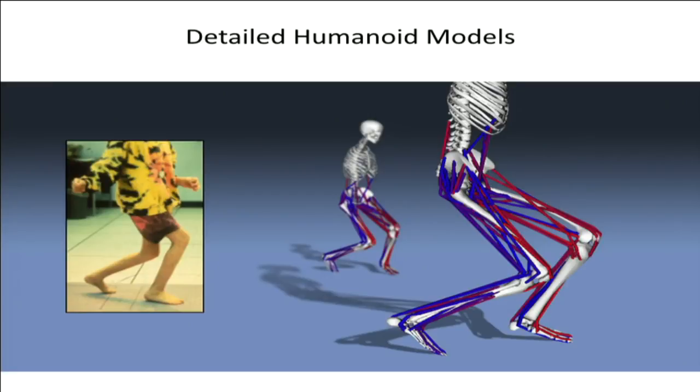One of the possible applications for this is if you wanted to study human movement, say for cerebral palsy patients, one of the effects is that the children with this condition end up walking in this very crouched gait.